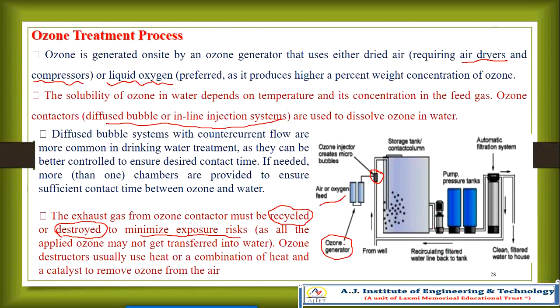Here the recirculating filtered water line goes back to the tank. Then pump pressure tanks and automatic filtration systems, and then clean water travels to the water house. This is about your ozone treatment system.